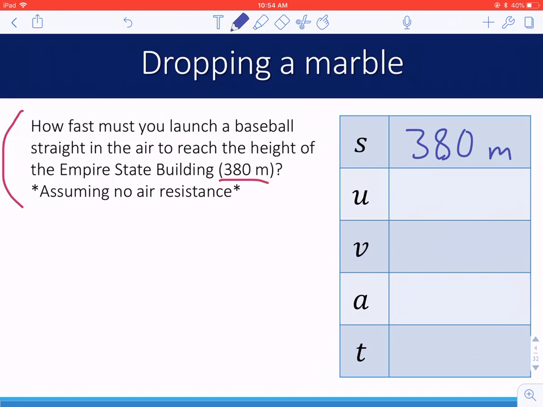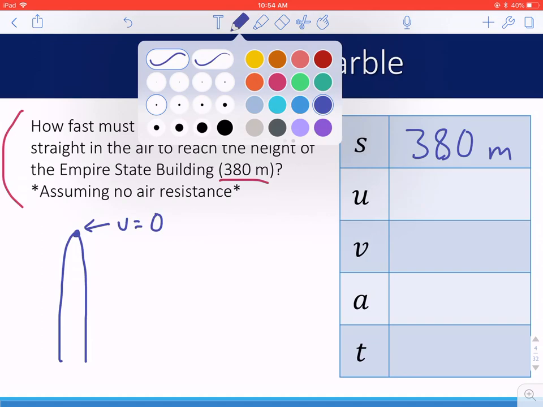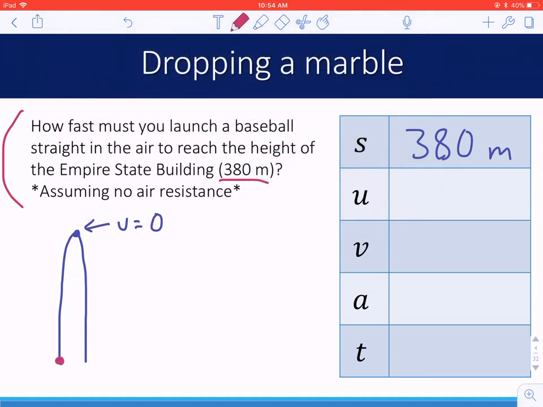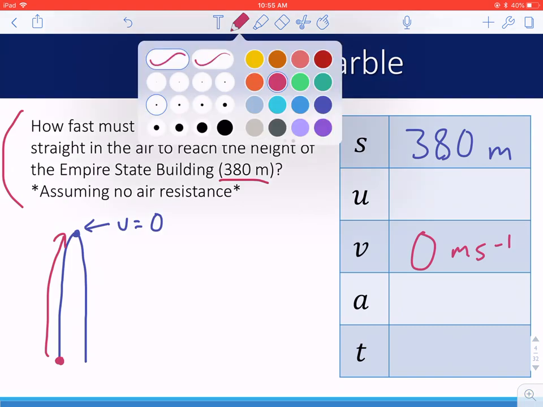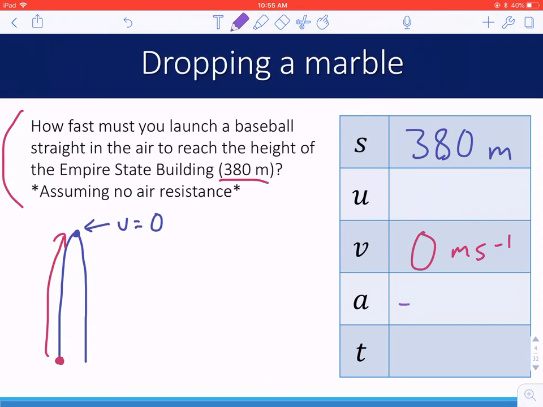We also know that at the very highest point of this trajectory, our velocity is 0. So it helps us to think about this as an initial and a final, that we're just talking about going up. So our final velocity, v, is 0 meters per second. And then the last variable that we know is acceleration for free fall is always a negative 9.81 meters per second squared.